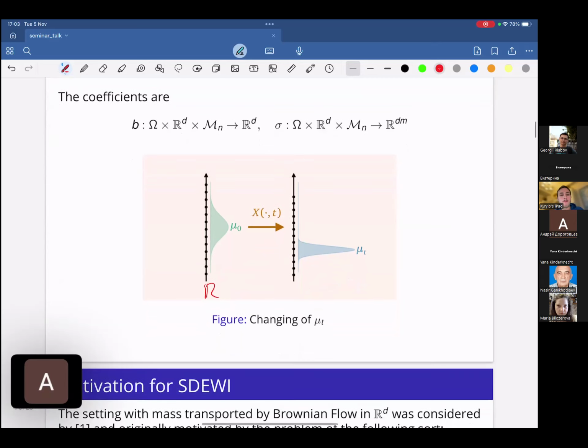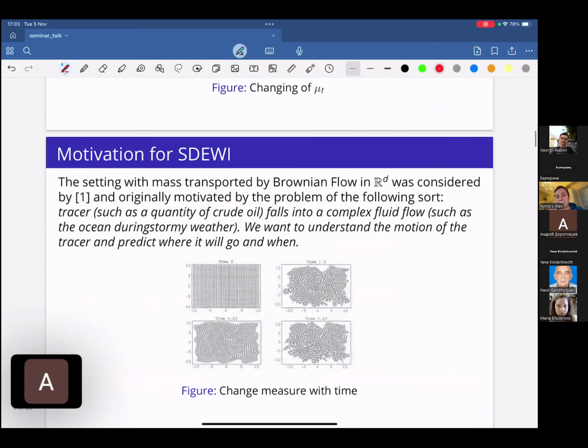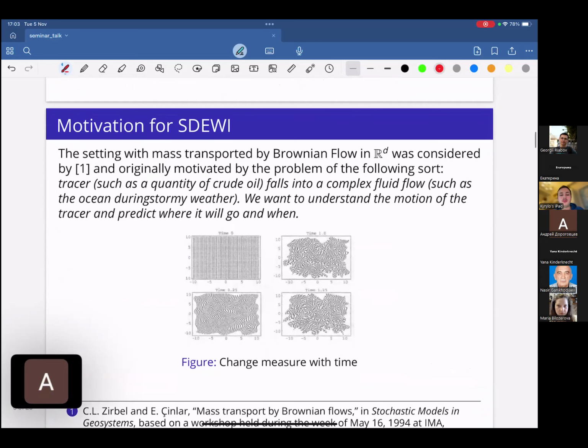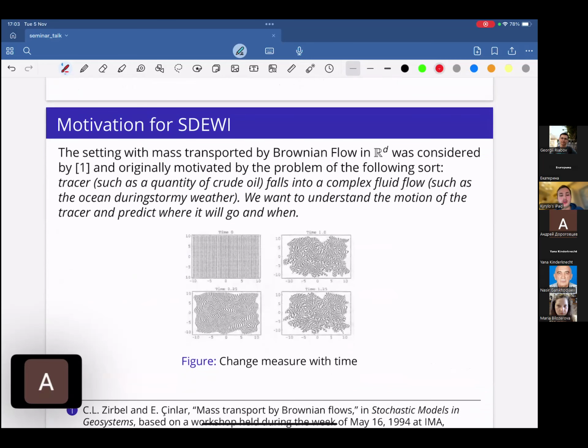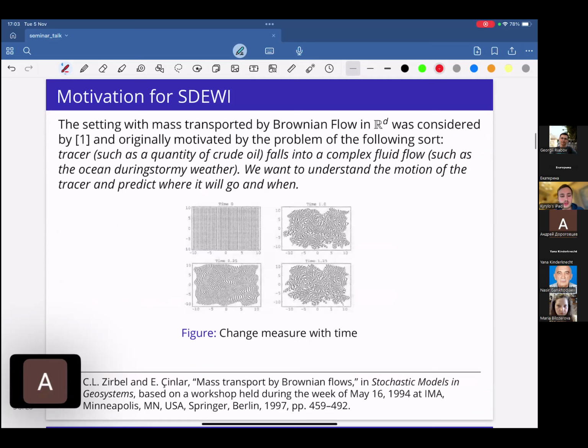Actually, as motivation, a physical example where you can use such equations can be seen in the paper of Zirbel and Cinlar. They considered a slightly different problem: the mass transported by a Brownian flow in R^d.